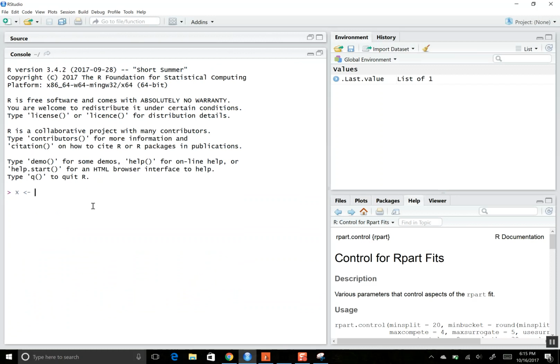So x is going to be 1 through 5, and y will be 1, 1, 3, 7, 8. Okay, and then I'll just do a plot of x and y. Let's go from 0.5 to 5.5 for x, and for y, let's go from 0 to 9.